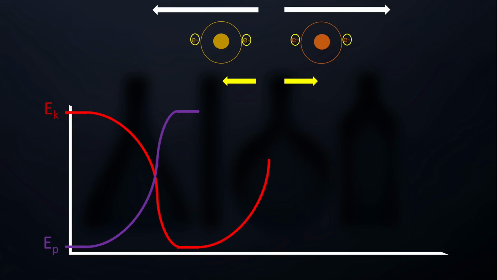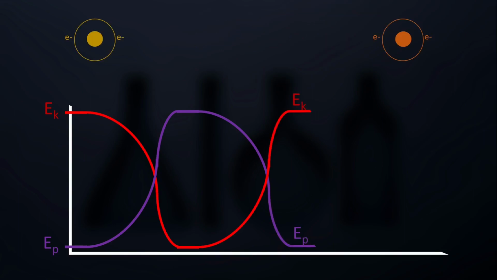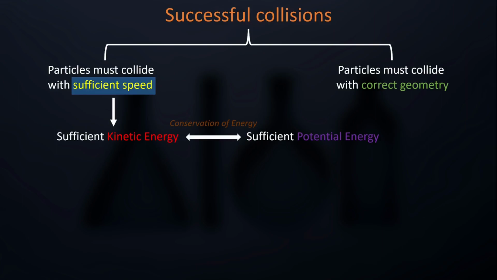And of course, that will come at a cost of your potential energy. Finally, as our products are now infinitely far away from each other, they now have maximum kinetic energy again with minimum potential energy. So now we know that during a collision of a chemical reaction, all the kinetic energy that a particle had as it was moving towards the other particle gets converted to potential energy at the moment of collision.